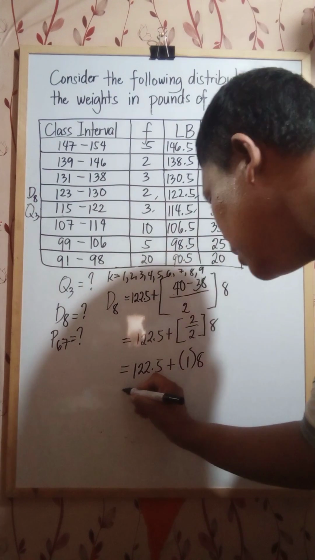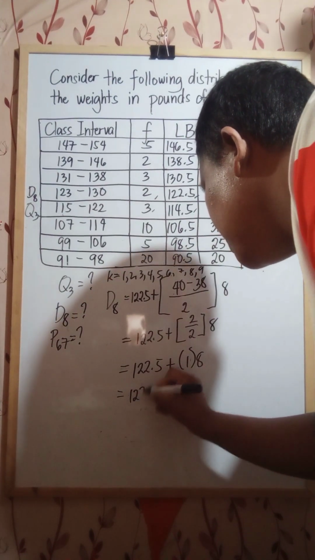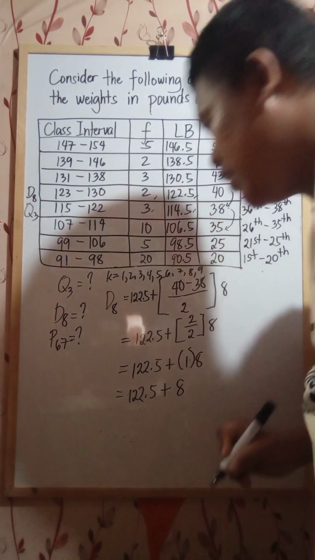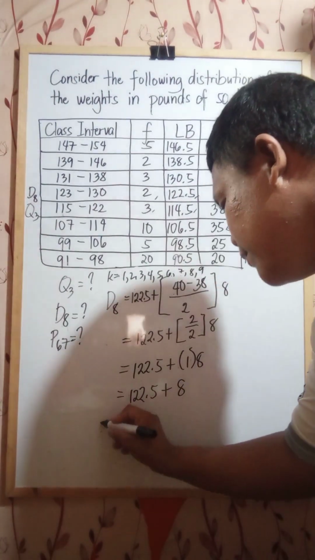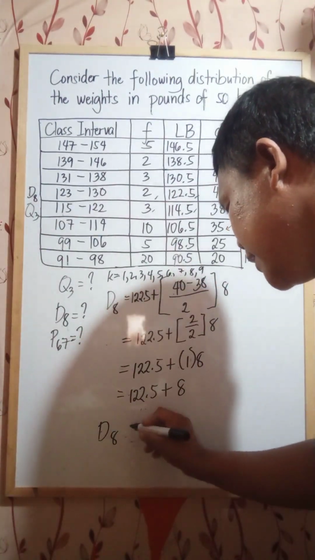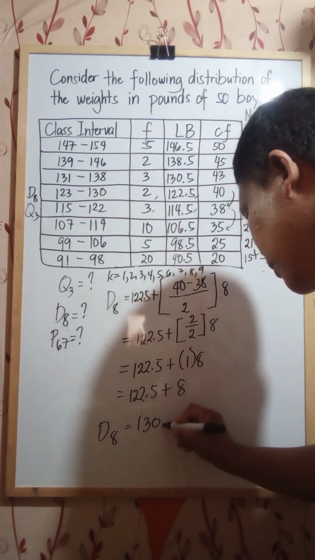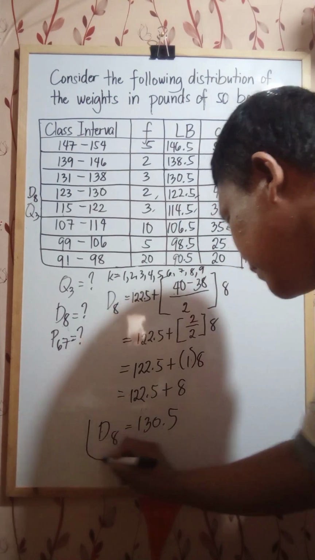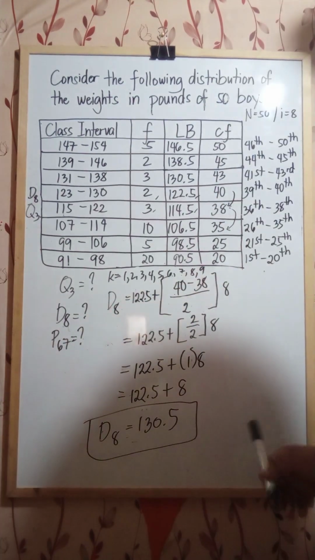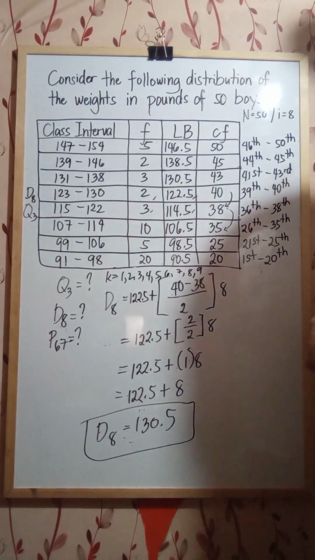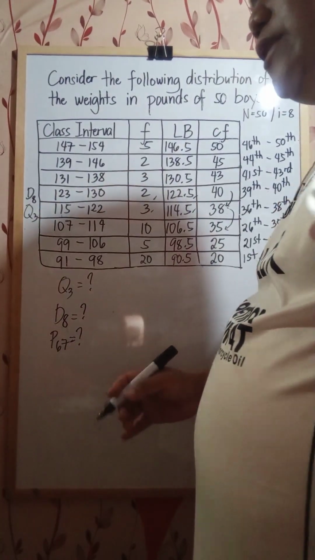Then equals 122.5 plus 8, since 1 times 8 is 8. So therefore, your D sub 8 is 130.5. Let's go now to the P sub 67.